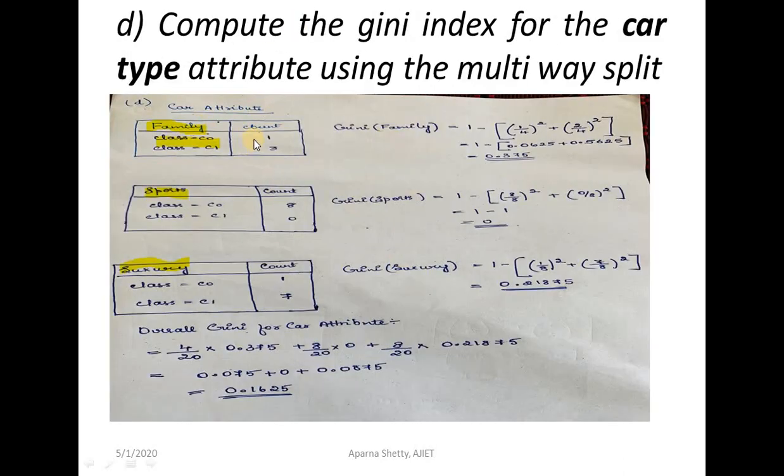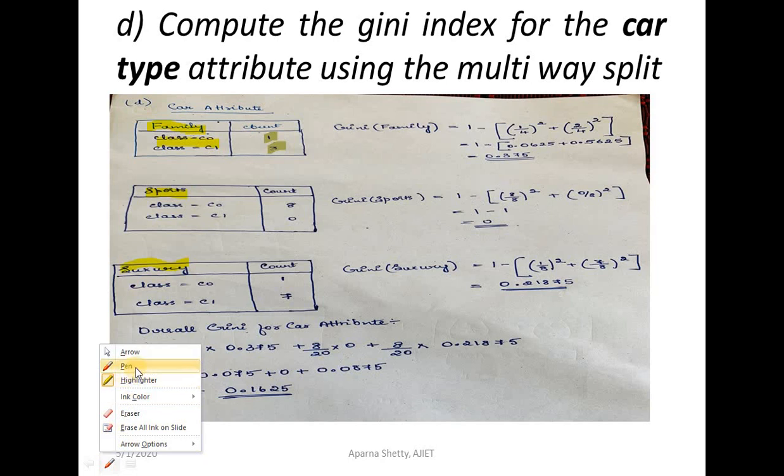So class 0 for family car is 1, and class 1 for family car is 3. Hence compute the Gini for family. The total number of family cars is 4, right?